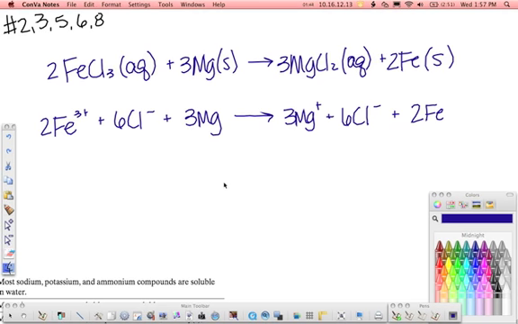Now we're going to cross out what's the same. So our 6 chlorines can go. Now we have 3 magnesiums on one side and 3 magnesium ions on the other. These do not cancel out because they are not the same. This one does not have a charge. This one does. This one is elemental magnesium, that silver stuff that we've used in class before.